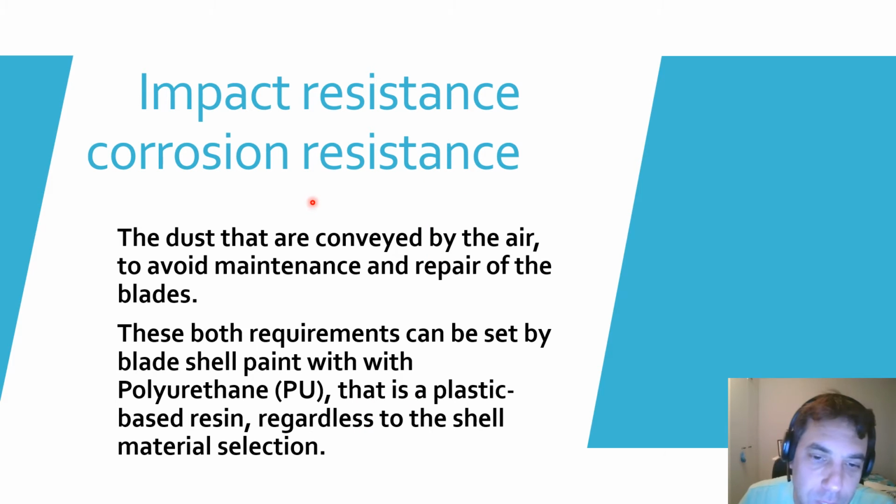Of course, the material must have good corrosion and impact resistance, but we can use painting or covers such as polyurethane that could improve the material's capacity for corrosion and impact resistance. So we are not stuck on the corrosion and impact resistance of the shell, because we can use some kind of cover to improve these characteristics of the material.